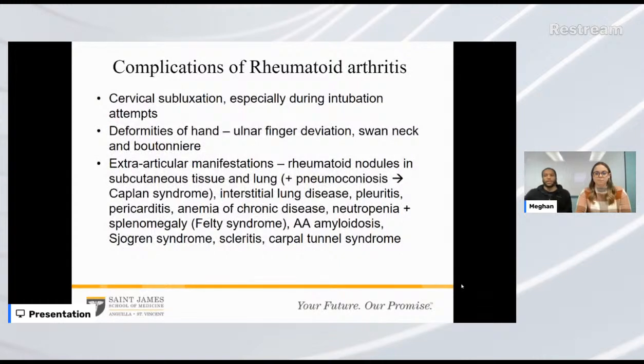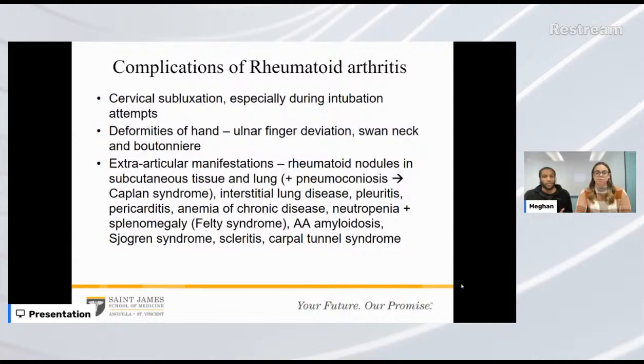So just some complications of rheumatoid arthritis we want to think about. Cervical subluxation, so that is where you have slipping of your vertebrae on top of each other, which can compress the spinal cord and cause lots of problems. So cervical being in the neck.